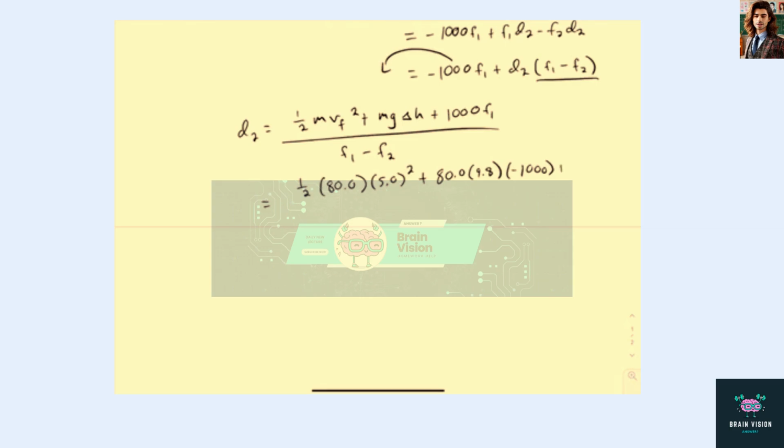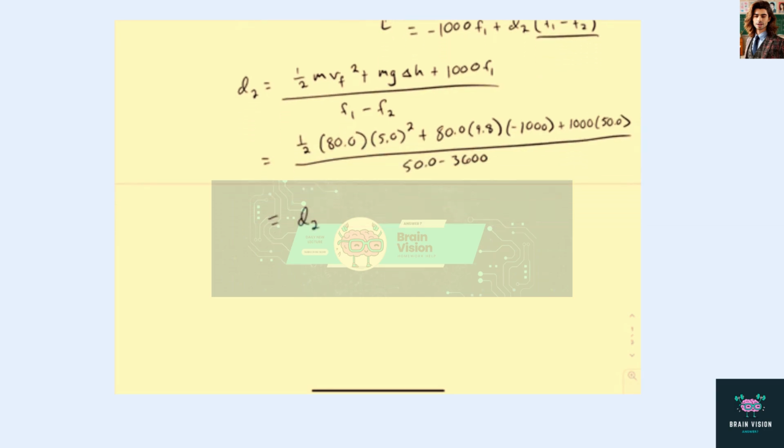And then add in 1,000 times the initial air resistance, which is 50 newtons, and we'll divide out by 50 newtons minus 3,600 newtons, and so we get a d2 which equals 206 meters. So that's when you have to open the parachute to hit the ground at 5 meters per second.